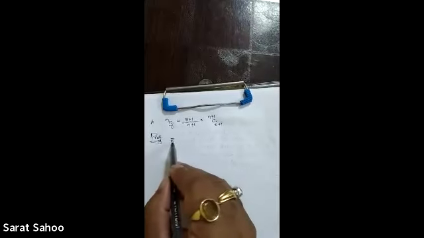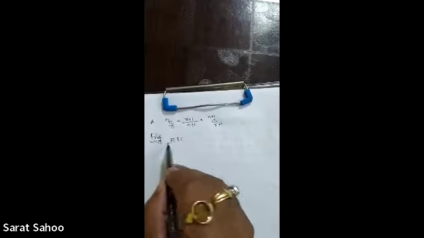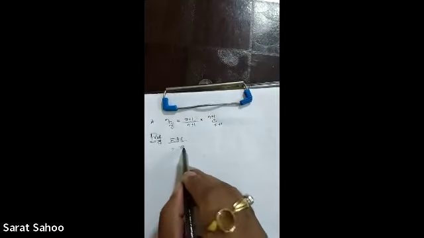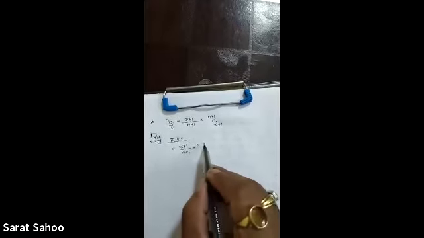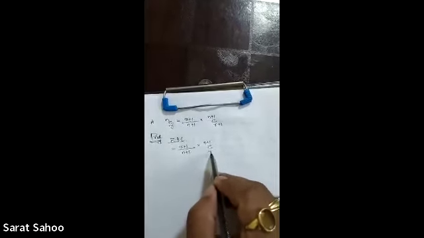Come to the right hand side: (r plus 1) upon (n plus 1) into (n plus 1)C(r plus 1).